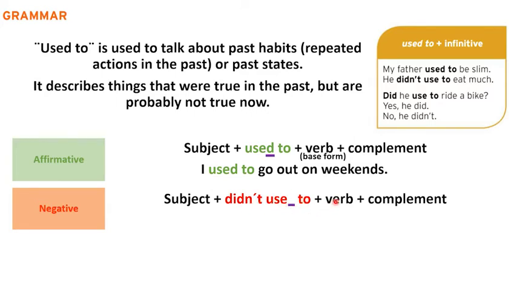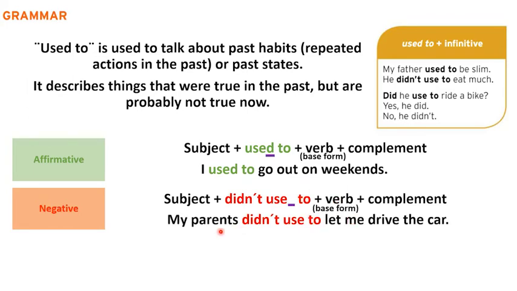So it is didn't use to. And then a verb in base form and a complement. For example, my parents didn't use to let me drive the car. This is a past state, because in the past they didn't let me drive it. But maybe this has changed now. Now I can drive the car.